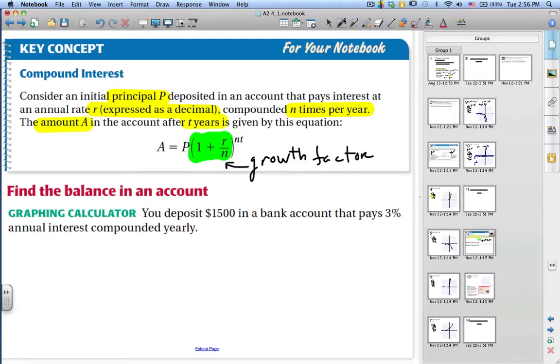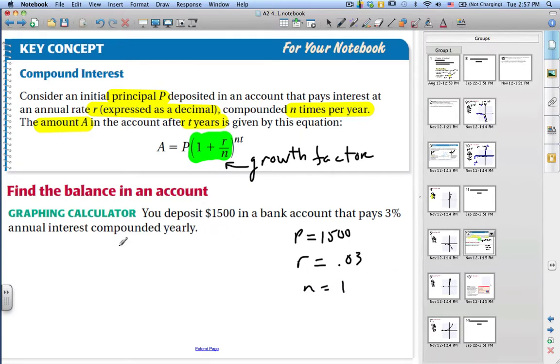Okay, so if I want to take this information, I deposit $1,500 in a bank account. So P is equal to 1,500. It pays 3% annual interest, so the rate is equal to 3%, but as a decimal, 0.03. Compounded yearly, so N times per year. If it's yearly, that's 1.